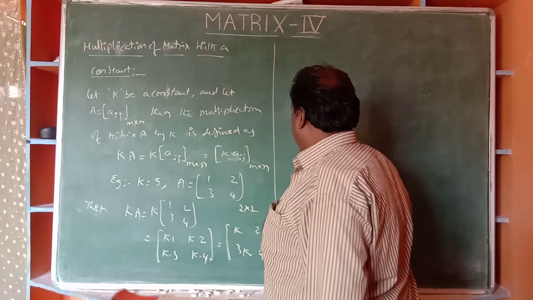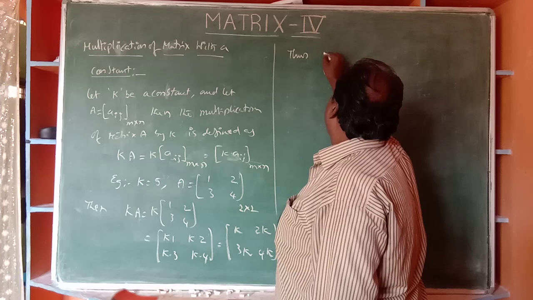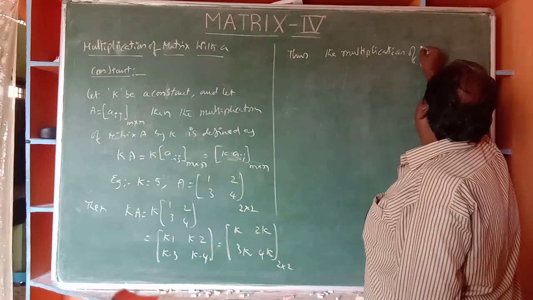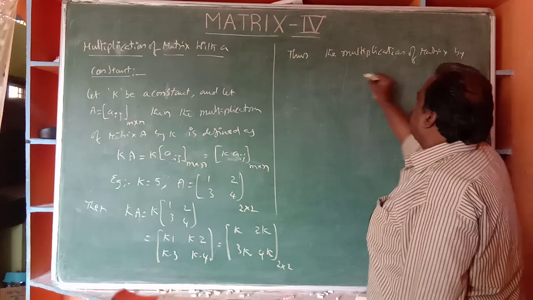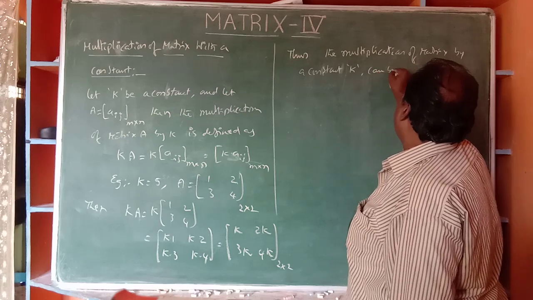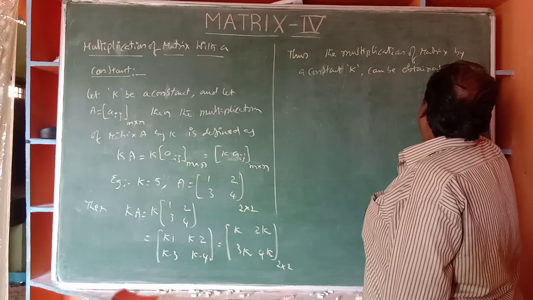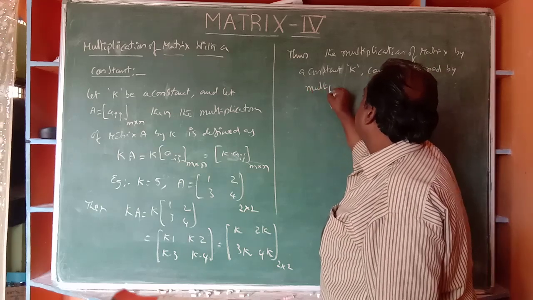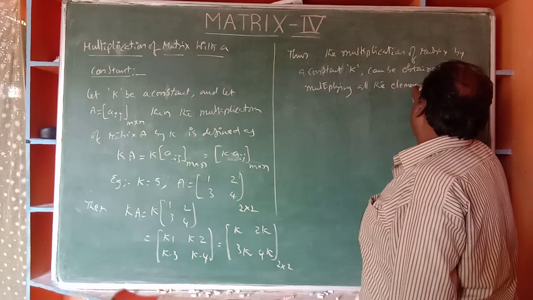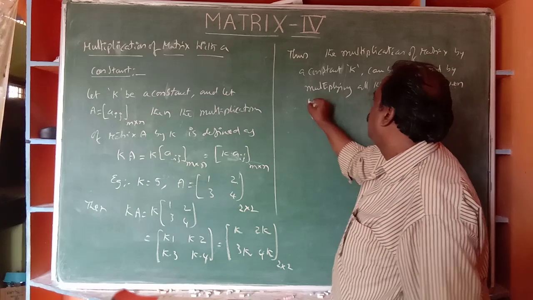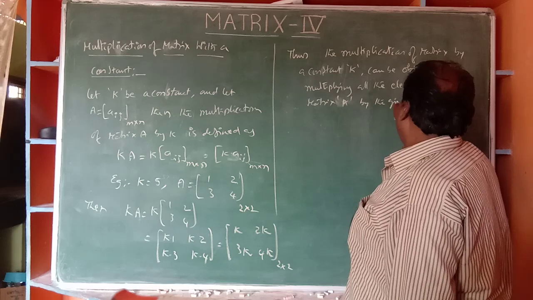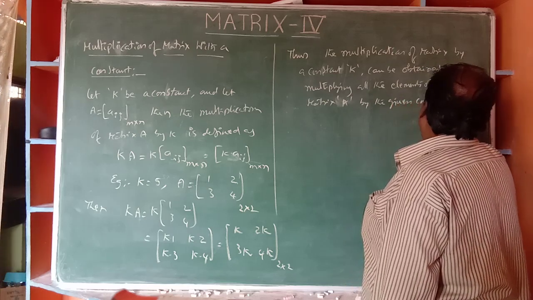Okay, let's see that. Thus, the multiplication of a matrix by a constant K can be obtained by multiplying all the elements of the given matrix A by the given constant K. Okay na?